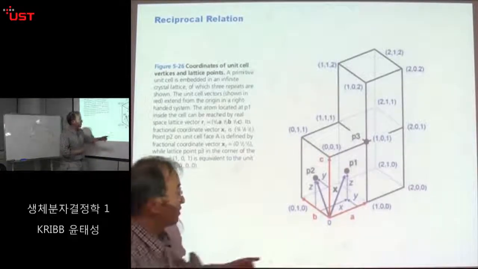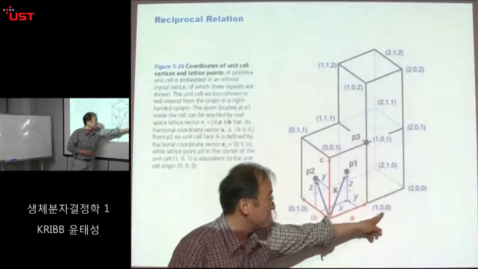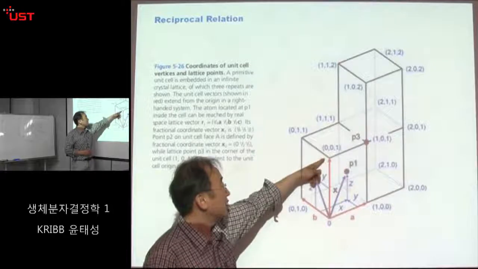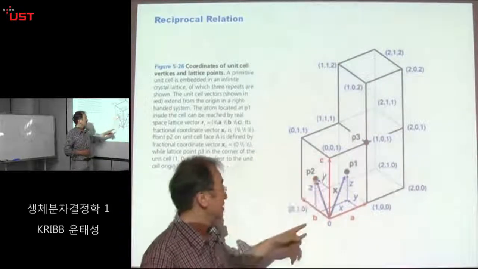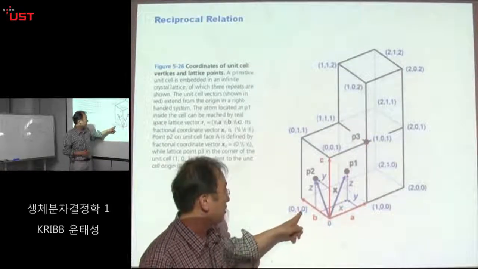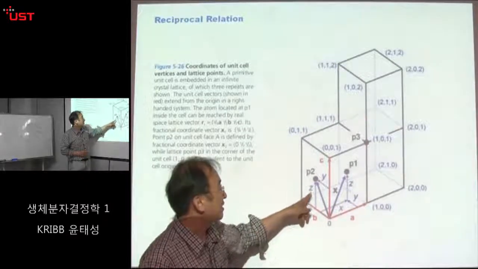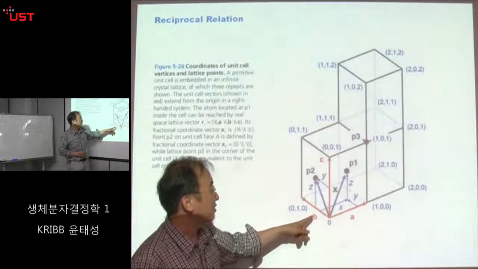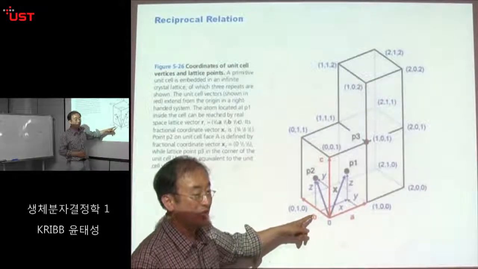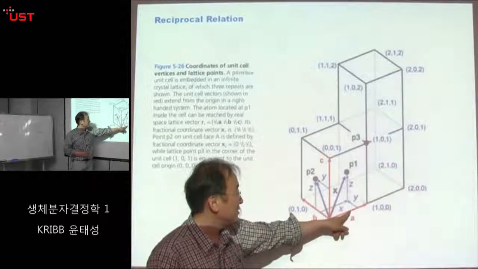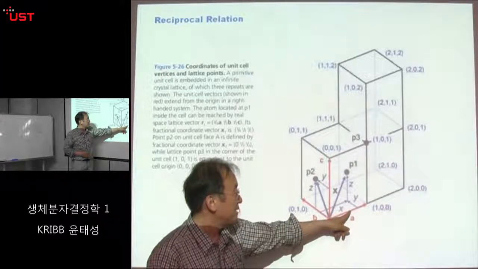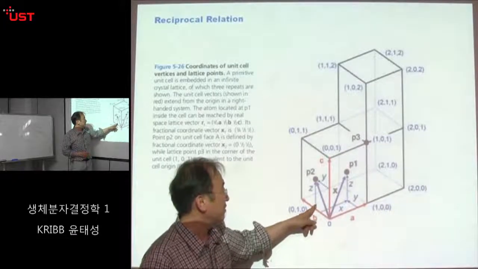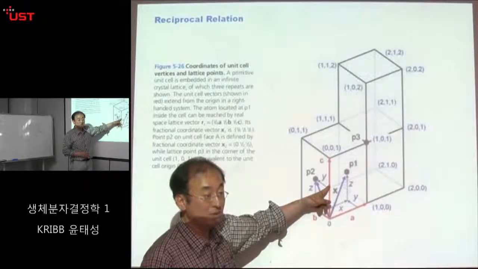Here particularly 1, 0, 0 is just at the end of A. 0, 0, 1 is at the end of C. 0, 1, 0 is at the end of B. Inside the unit cell, we will have fractions such as 1, 1, 1. Here, it can be said half, 0, 0. Here, 0, half, 0. 0, 0, half.